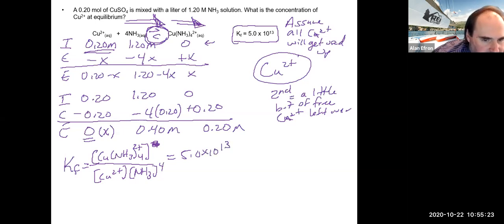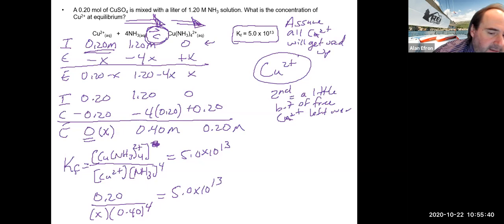Put it in our equilibrium now with our X for copper. That's going to give us 0.2 divided by X times 0.4. Don't forget, we still need to take it to the fourth. That's going to equal 5 times 10 to the 13.